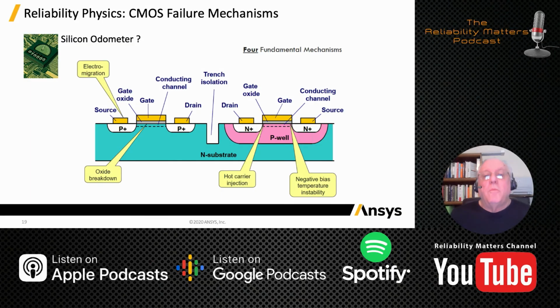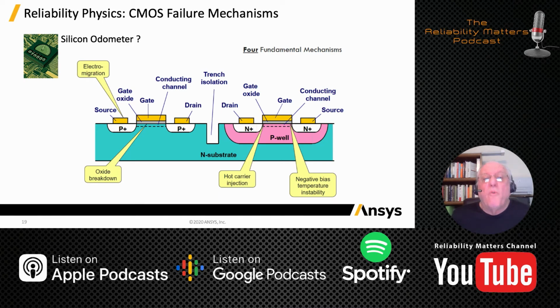So talk a little bit about reliability physics and the CMOS failure mechanism. There was a Reliability Matters podcast here a few weeks back that sort of introduced the topic of CMOS failures. We at Ansys have done a lot of work on this. There was an IEEE Spectrum article that came out a few years ago that proposed, maybe it's even time to consider what they called a silicon odometer.